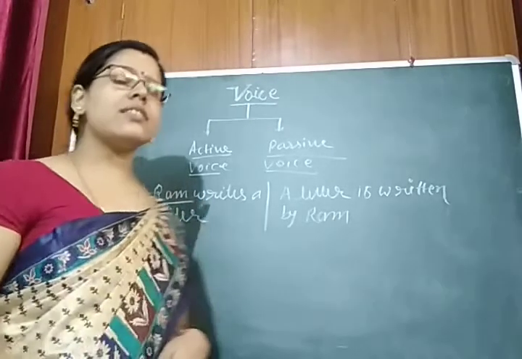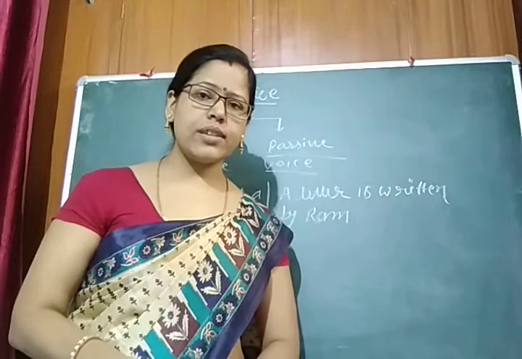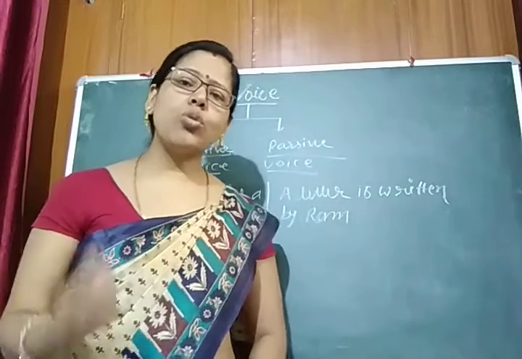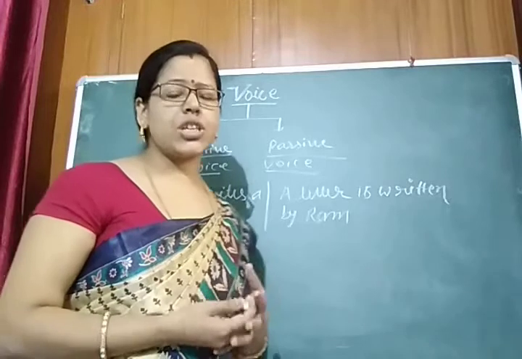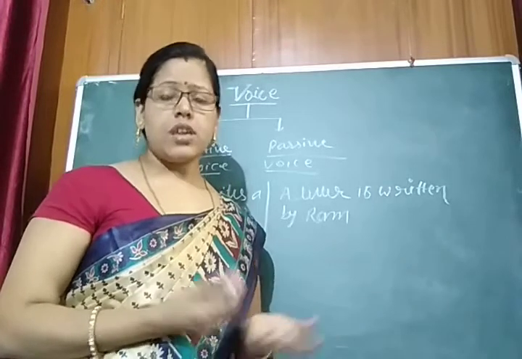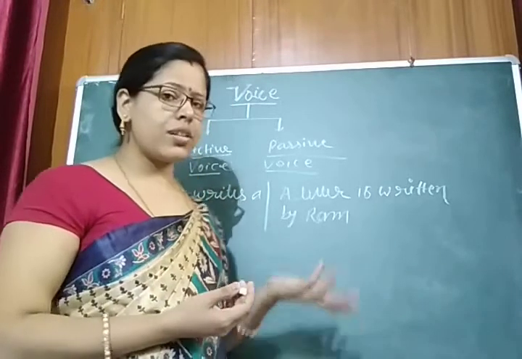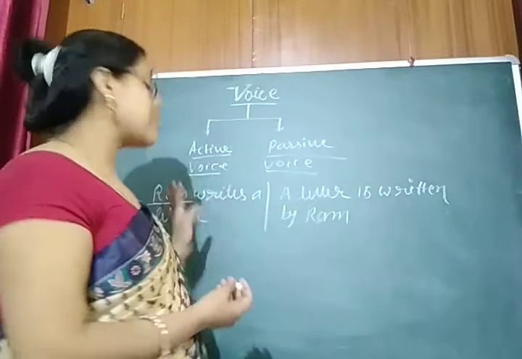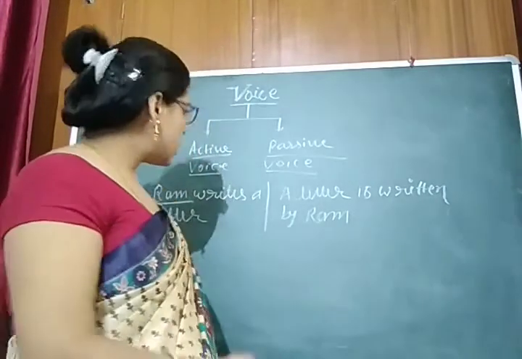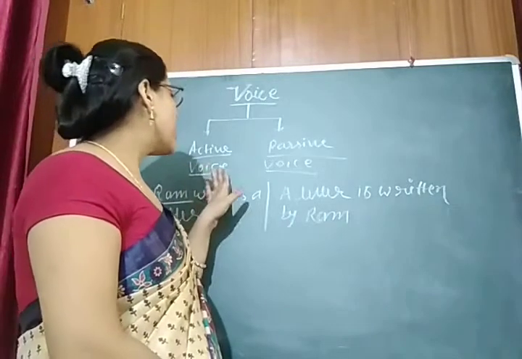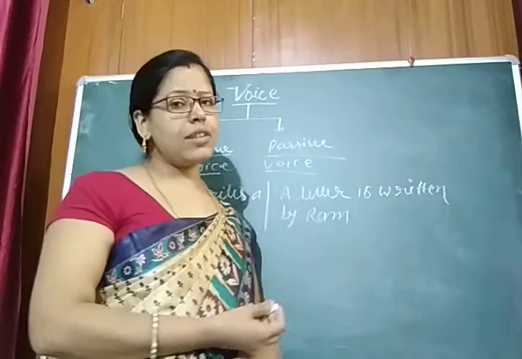So a sentence is said to be in active voice when the doer of the action is active. If the doer of action is very much active in the sentence, then that sentence will be said to be in active voice.